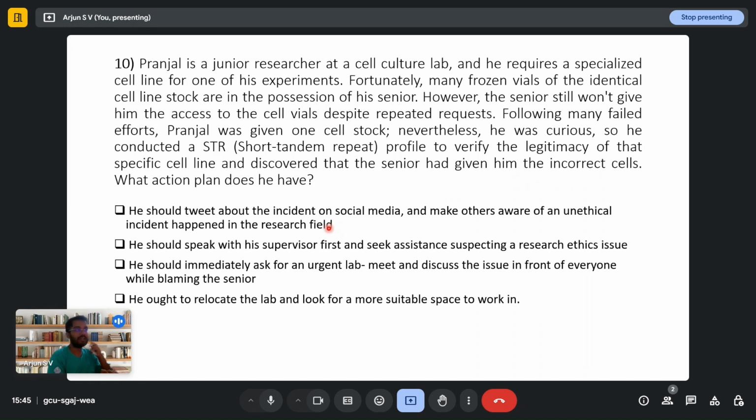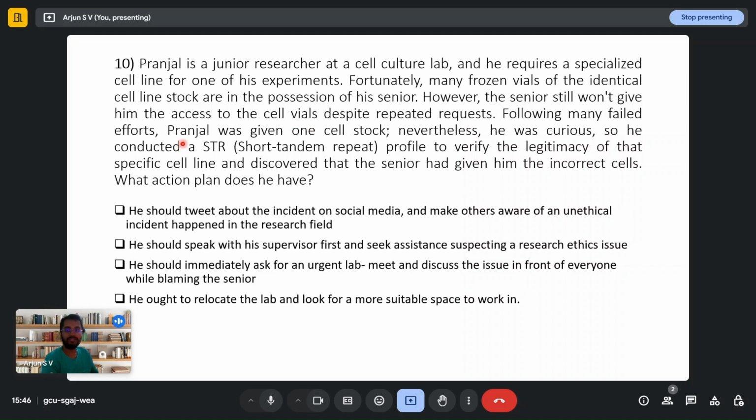And for the last theory question, Pranjal is a junior researcher at a cell culture lab, and he requires a specialized cell line for one of his experiments. Fortunately, many frozen vials of the identical cell line stock are in the possession of his senior. However, the senior still won't give him access to the cell vials despite repeated requests.